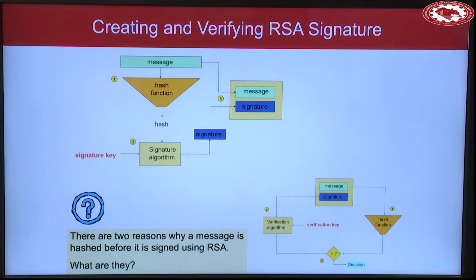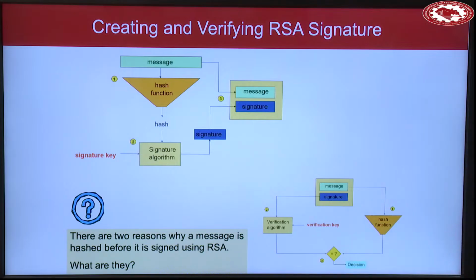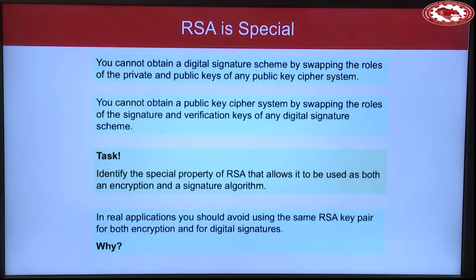So it reduces the signature size. You need to sign fewer bits. That's why we are not signing the message. If the message is 1000 bits, your signature will still be 160. So those are the reasons why we sign the hash, not the message.